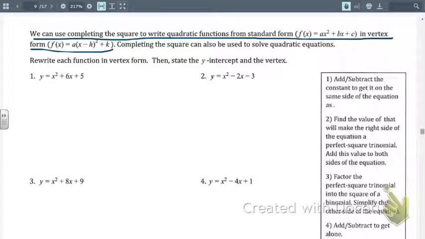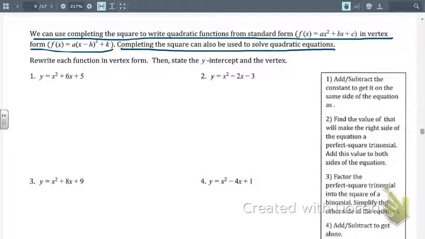And then the rest of the problems will focus on solving. And that will be a separate video. So we're going to focus primarily today on these next 4 here.